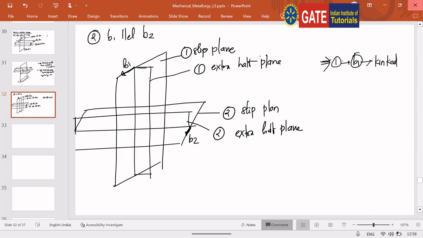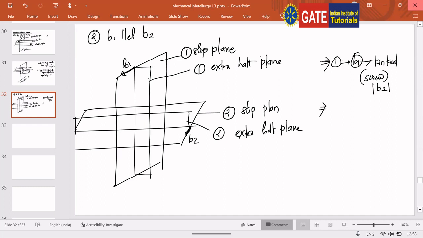And the kink happening in an edge dislocation is of screw characteristic, and the length of the kink is equal to the magnitude of the Burgers vector of the second dislocation.